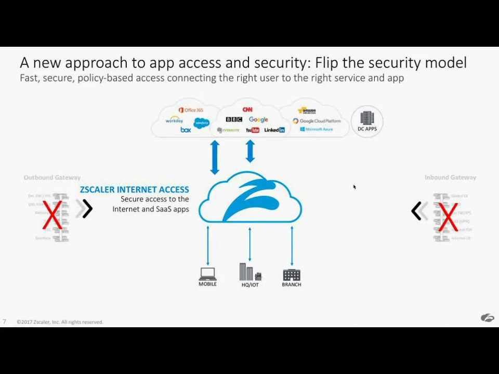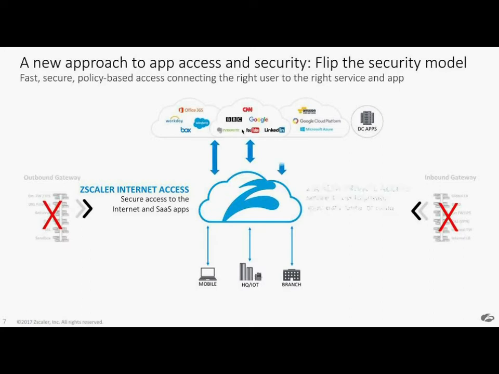And that enables you to have a simpler architecture for your outbound internet access from branches, HQs, and also for your roaming users. And that's about accessing these public cloud applications, your Office 365, your browsing to LinkedIn, Facebook, Salesforce. All of those applications are public applications that we give security and granular visibility and control of those users.